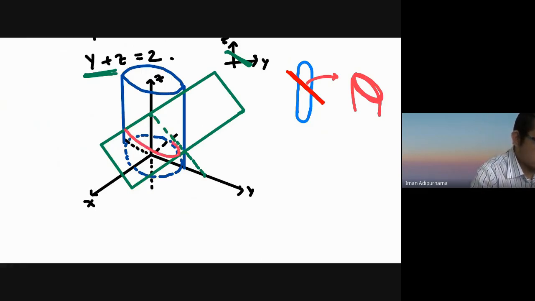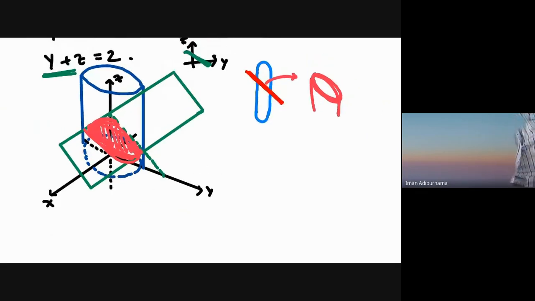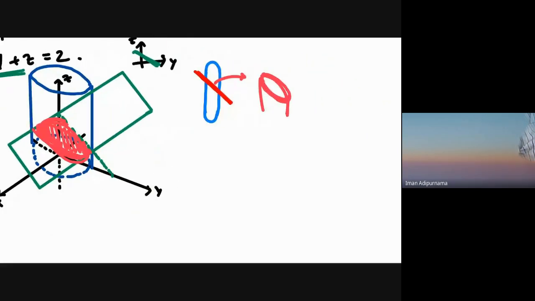Should be this one. Yeah, probably like that. Okay, so you will have something like this. Okay, and this is the one that we are looking for. This is the curve, the intersection curve.